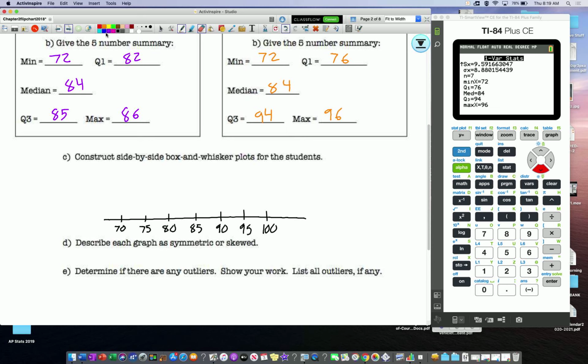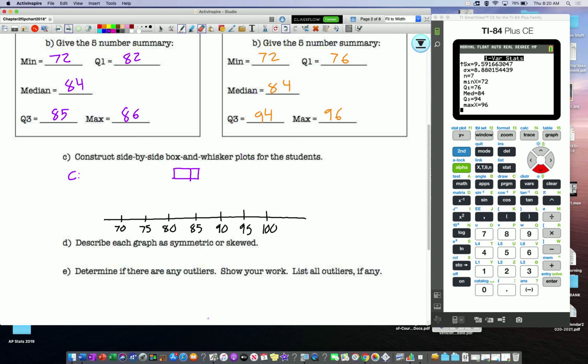So now I'm going to do Connie. I'll just use a C here. I like to start with the box because it's pretty small, 82 to 85. So I have a line here at 82, a line here at 85. The box is kind of small, and the median was at 84.